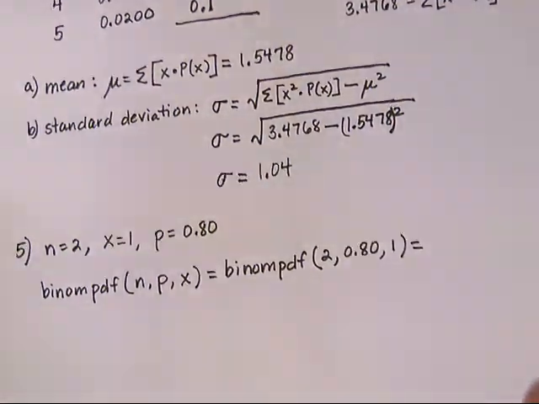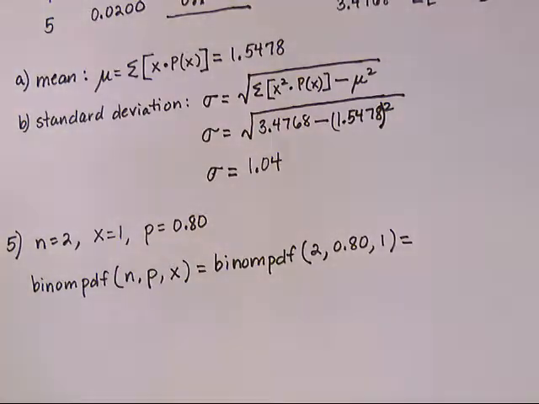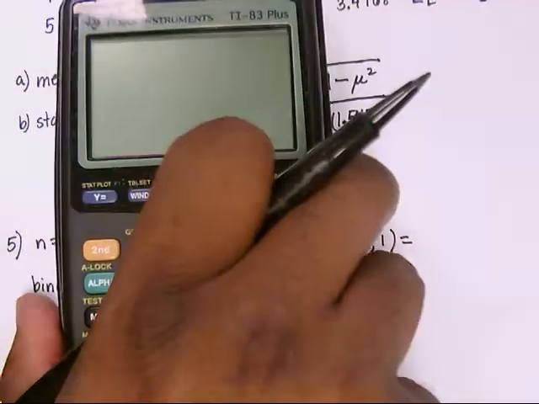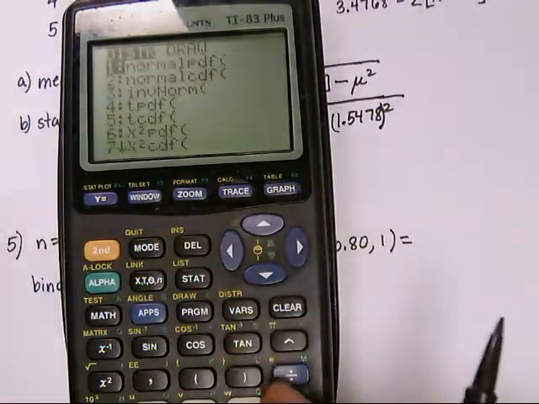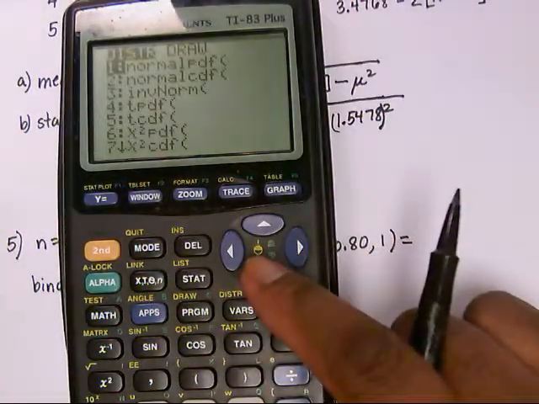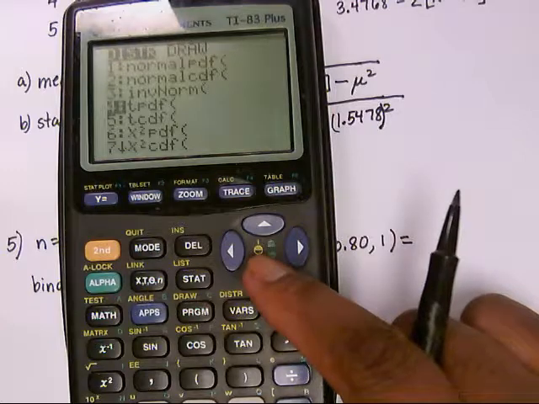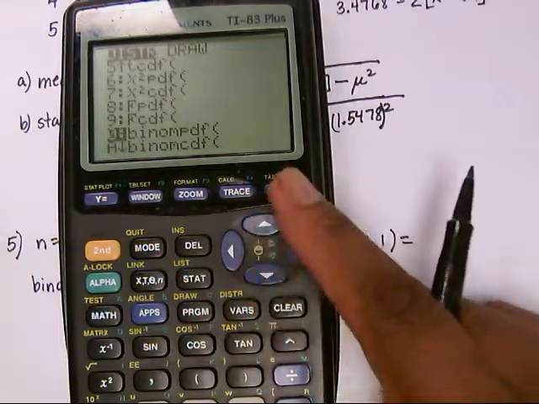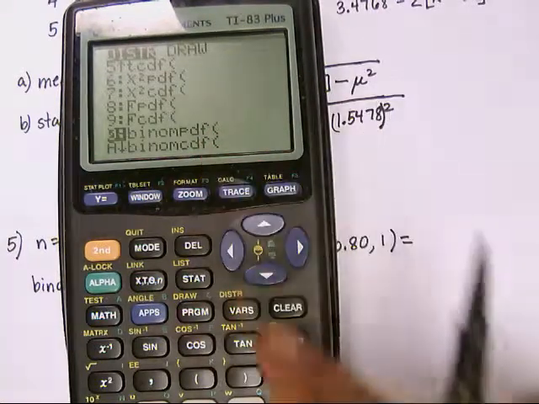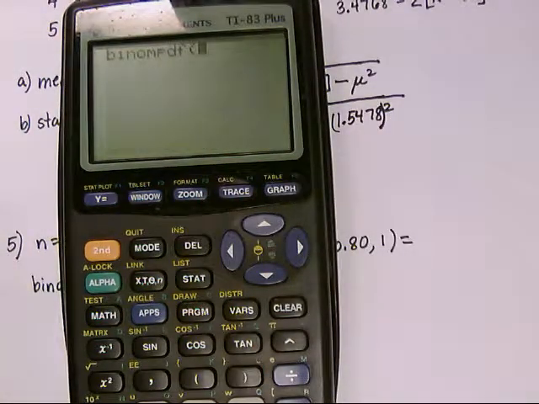Okay, now if you're using the old TI-83 or the earlier version of a TI-84 Plus calculator, this is what you'll have to do. Here we're going to do second and vars. And then you're going to go down to binom PDF using your down arrow key. Binom PDF, which is this command right here. Press enter. It's going to give you binom PDF with the left parenthesis.